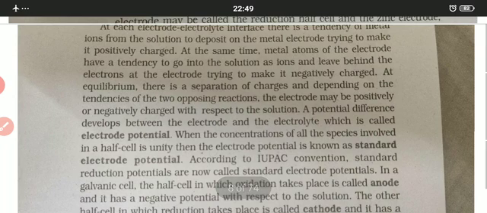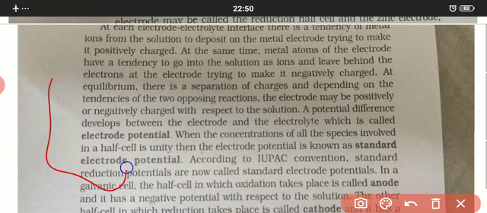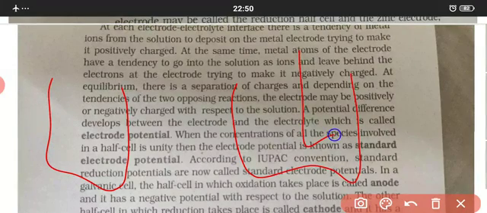At each electrolyte interface, there is a tendency of metal ions from the solution to deposit on the metal electrode, trying to make it positively charged. At the same time, metal atoms of the electrode have a tendency to go into the solution as ions and leave behind electrons. We have two beakers, one electrode here and one electrode there.